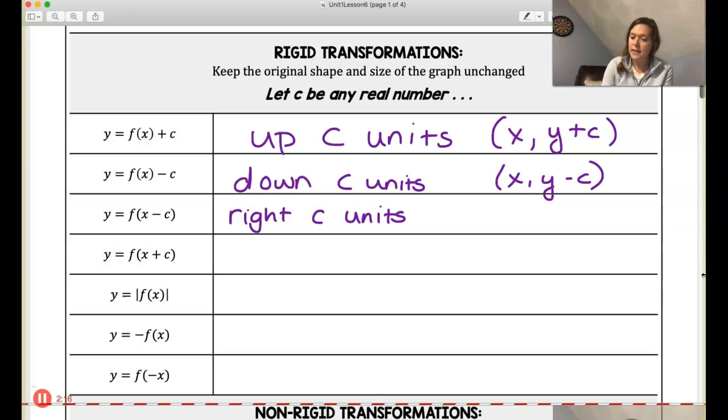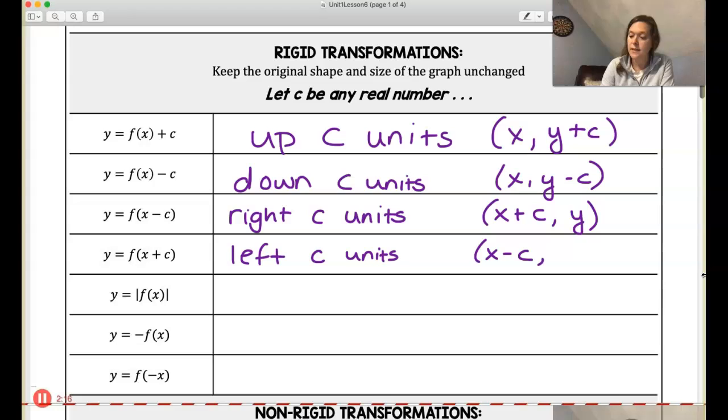So we would be taking our x and adding c to it each time. Our y now is unchanged. When we have our function and we add c to x, that really shifts us to the left c units, which means we will be doing x minus c and our y is unchanged.